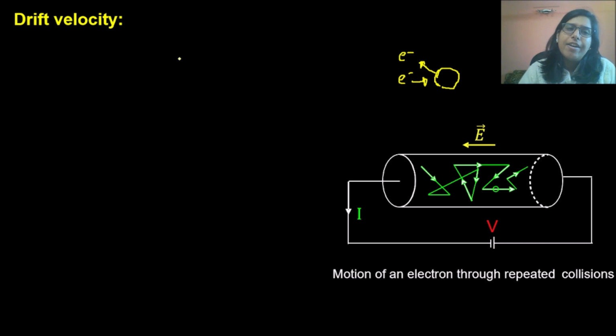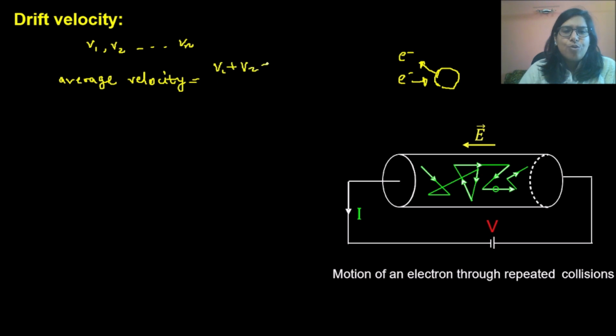So the average velocity of the electron will be 0. Suppose at a time velocity of one electron is v1, second is v2 and so on, then the average velocity will be v1 plus v2 and so on, divided by n electrons, and it will be 0, right?